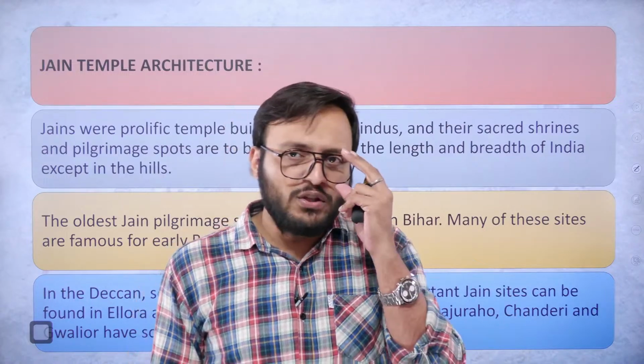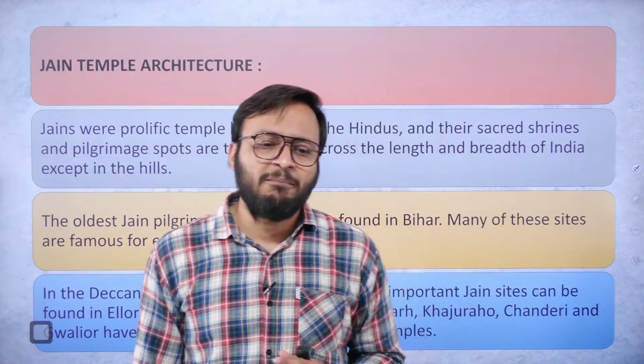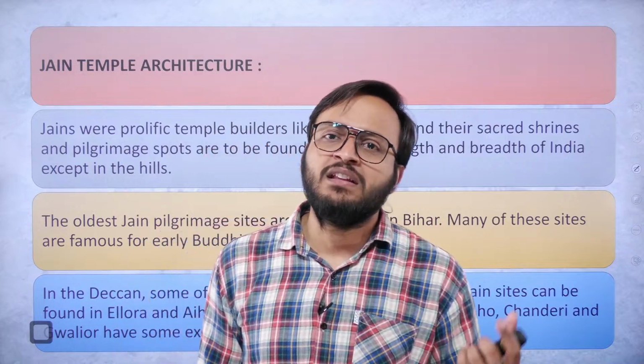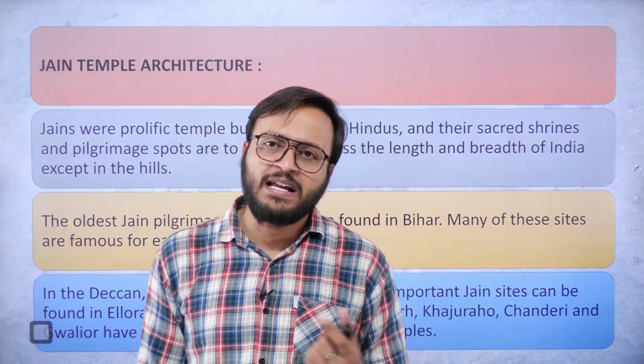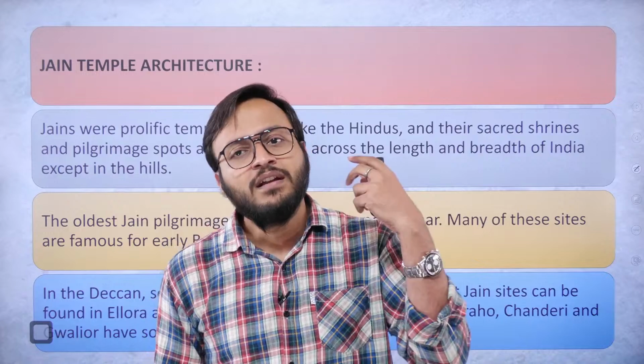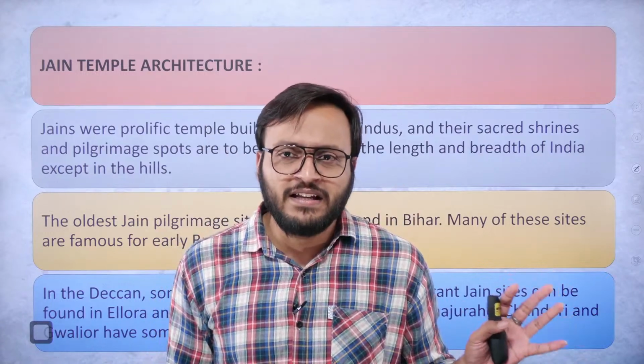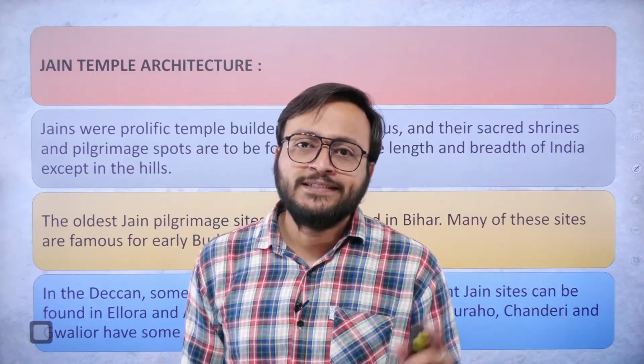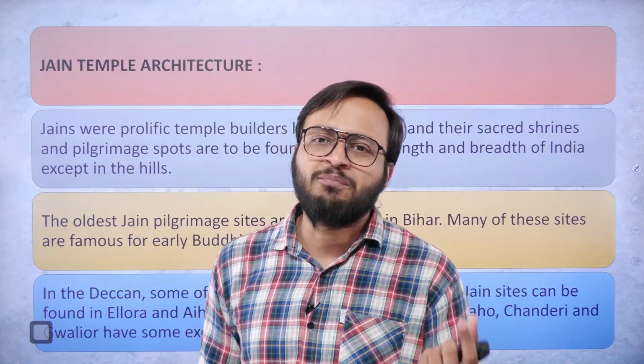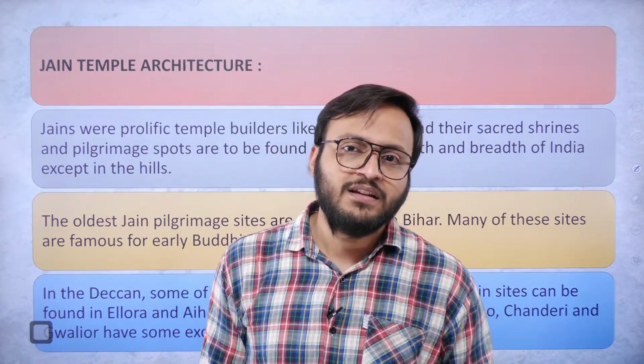You can find numerous such examples in the Rashtrakuta dynasty, the Chandela dynasty, the Parmar dynasty, the Solanki and Chalukya dynasties. Many dynasties in history tell you that different rulers accepted different religions.